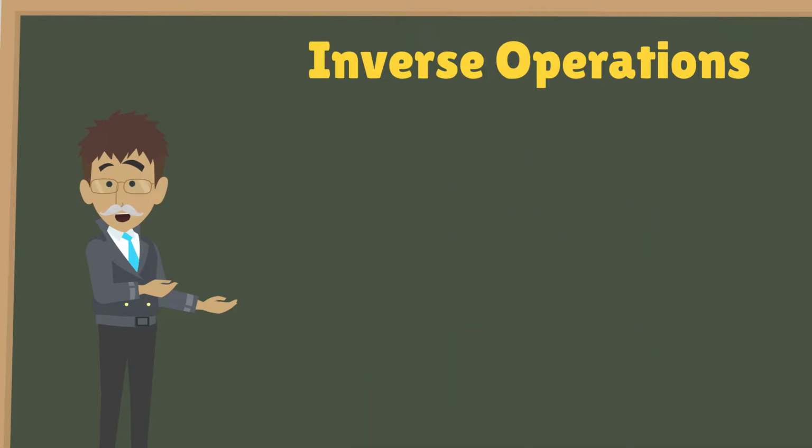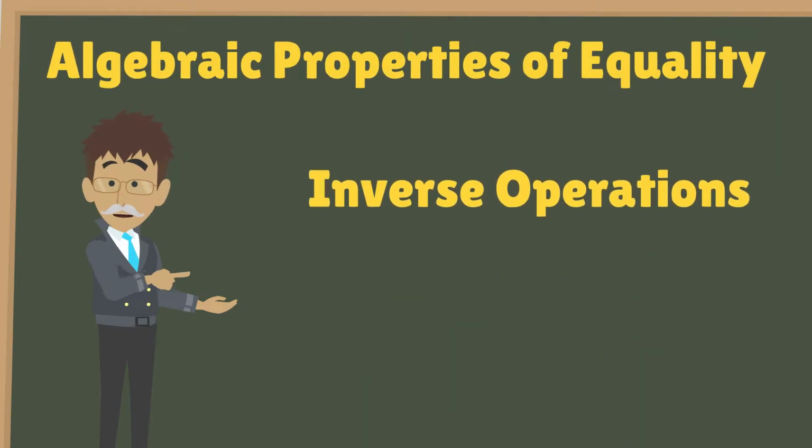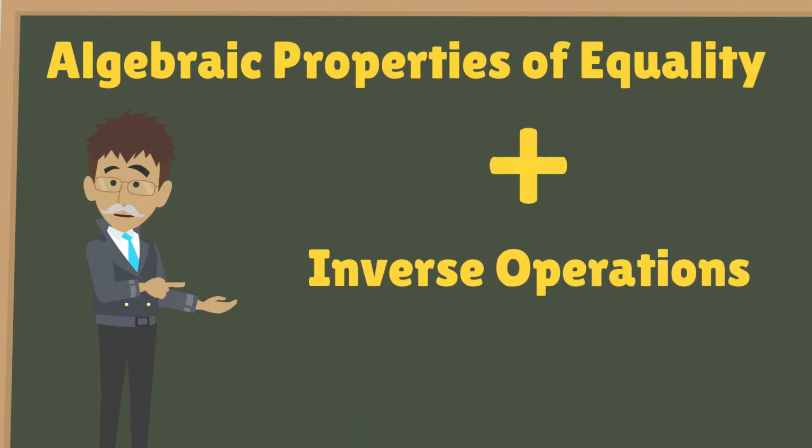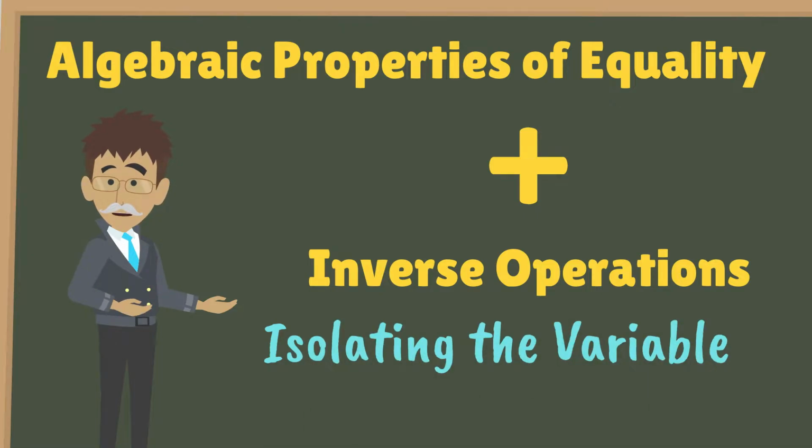Now let's see how the algebraic properties of equality are used with inverse operations to solve equations. The goal of solving any equation is to find the value of a variable. To do this, we perform math operations to get the variable alone on one side of the equal sign. We call this process isolating the variable.